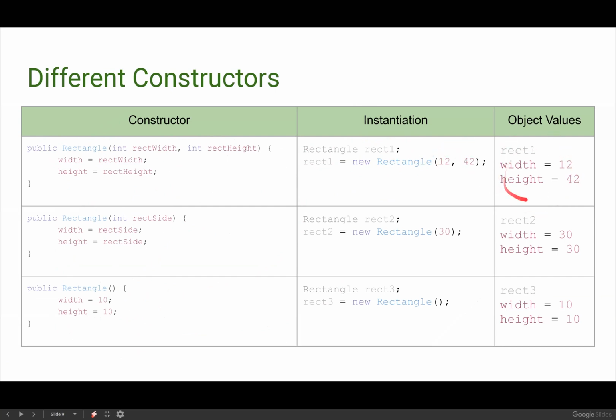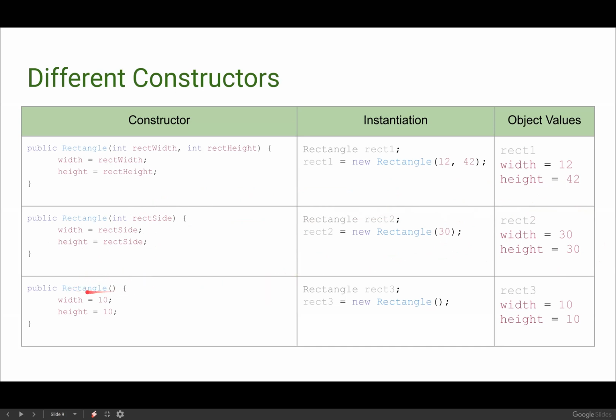So my rect1 will have a width of 12 and a height of 42. If I make my constructor with only one formal parameter, I can call it with one actual parameter. And given what we see here, I would give that 30 to both width and height. So you can see how it looks over on this end.